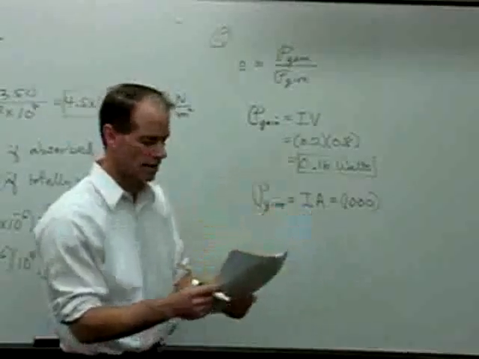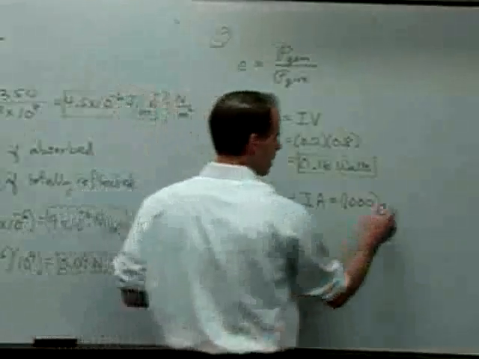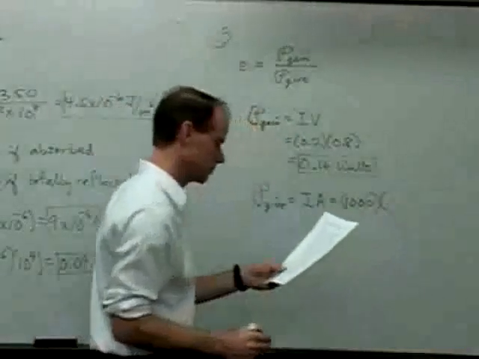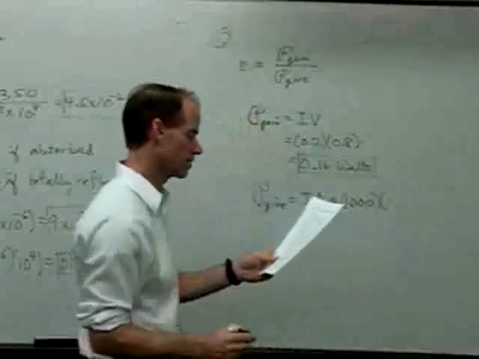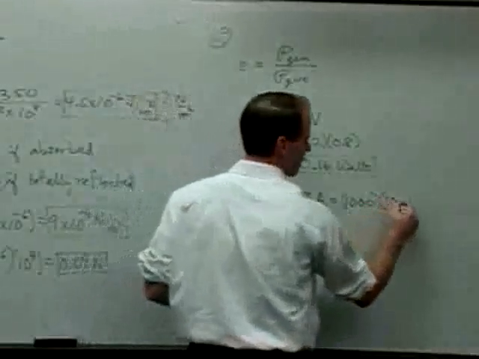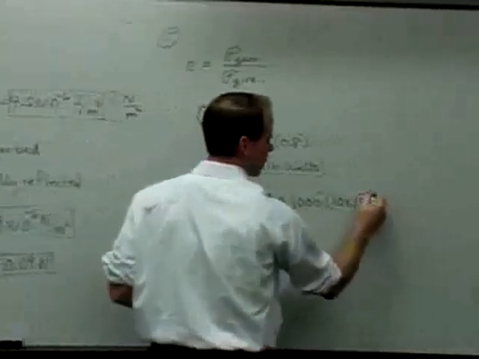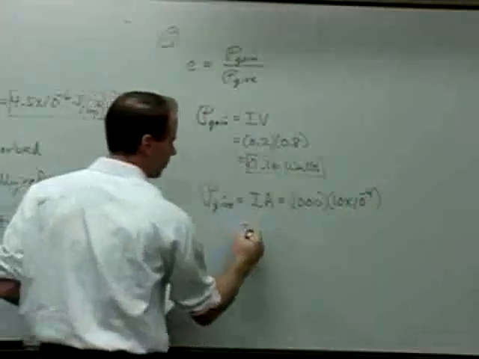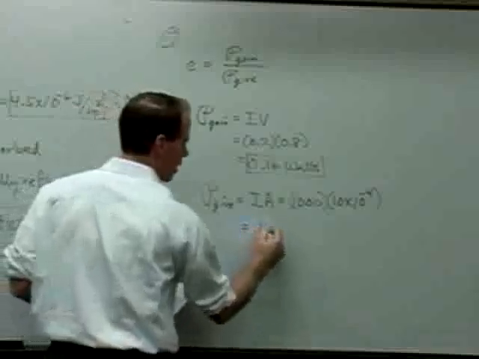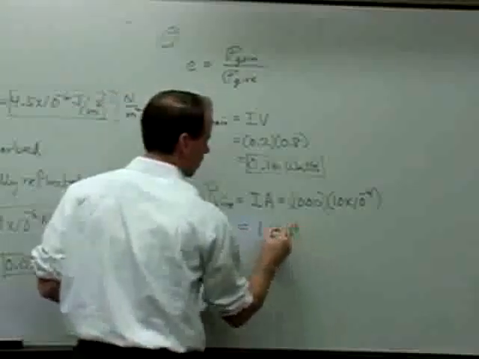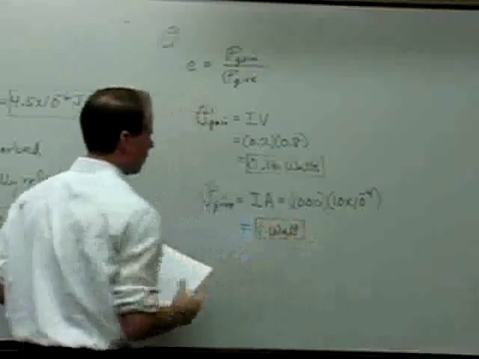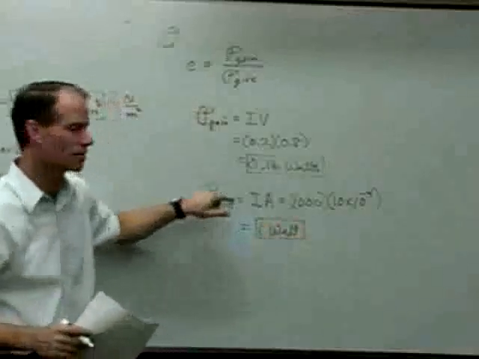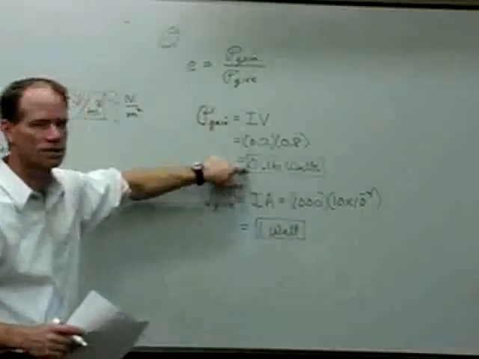The area that we're putting this over is 10 square centimeters, which is 10 times 10 to the minus 4 square meters. And so that will give us 1 watt. So this is what's coming in, 1 watt. This is what we're getting out of it, 0.16 watts.